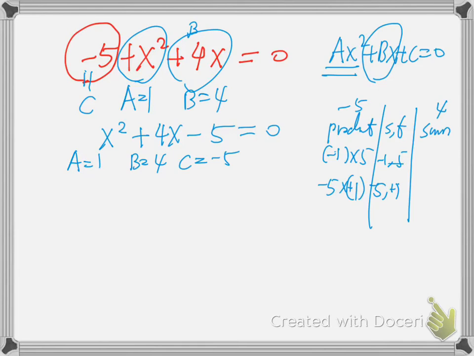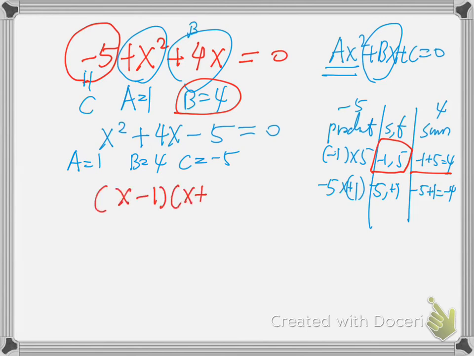So what's the sum here? -1 plus 5 is 4. The sum there, -5 plus 1, is -4. So we need sum 4 because B is 4. So this is the right answer. So we got x minus 1 times x plus 5 is 0.